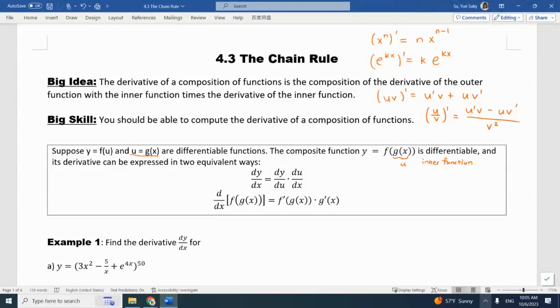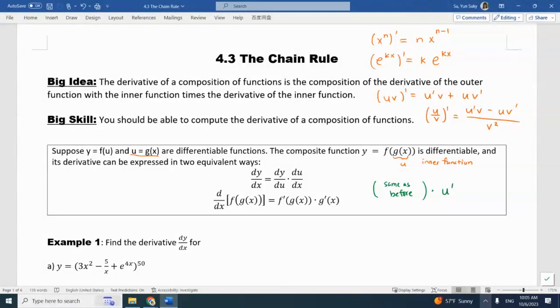Okay, everybody? So what does that mean? It means all the formulas we learned, now we change. The new chain rule formula is the same as before, but you multiply by u prime at the end.